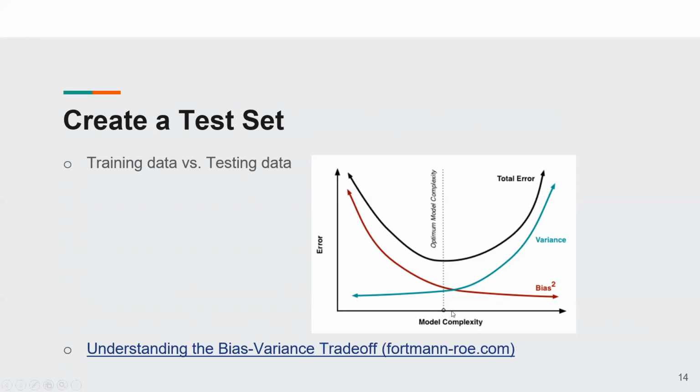Let's look at the chart. On the x-axis is model complexity, and the y-axis is error. So let's look at the red line. As the model becomes more complex, the error becomes smaller.